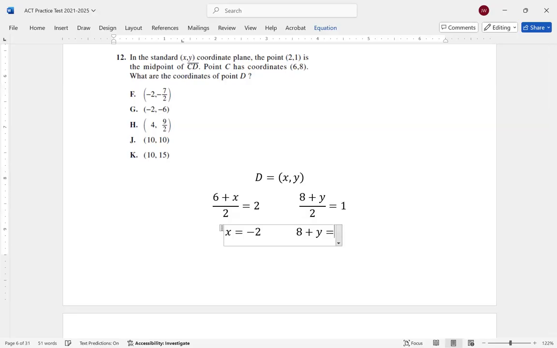Subtracting 8 from both sides gives me a Y value of -6. Therefore, the point D has to have X coordinate of -2 and Y coordinate of -6. So D is -2, -6, which is option G. So the answer to 12 is G.